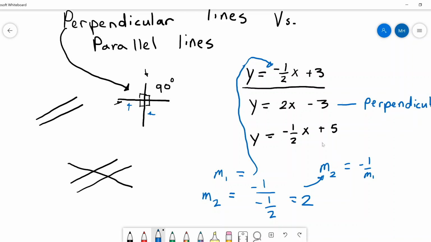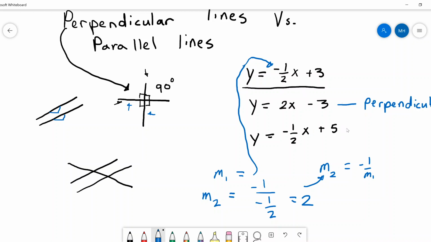Okay, so what's the relationship between parallel lines? Well, they have the same slope, because in order for them not to intersect, there has to be the same rise and run for both. So it logically makes sense.